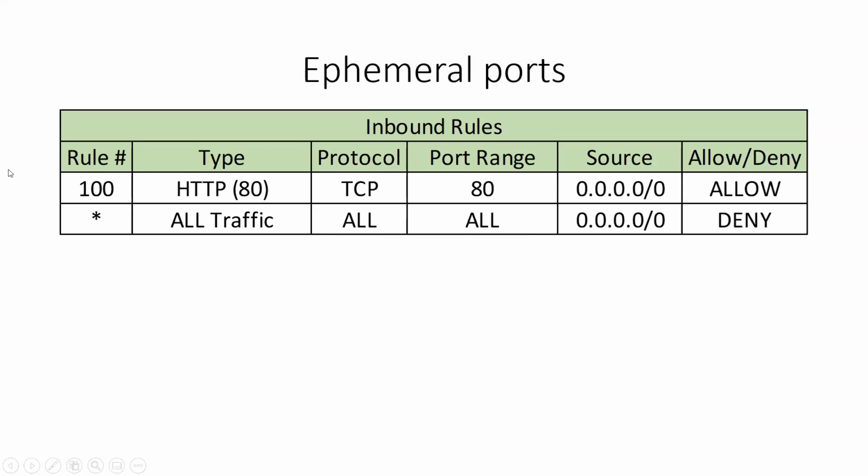Let's say when the request is coming, someone is trying on 443. Will traffic be allowed? No, it will go to the second rule, the asterisk rule. Anyways, my point is, I have a web server running on port 80 and I wanted to allow traffic on port 80. This is how the inbound rule looks. It's very straightforward, understood.